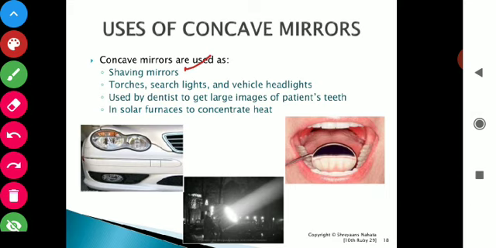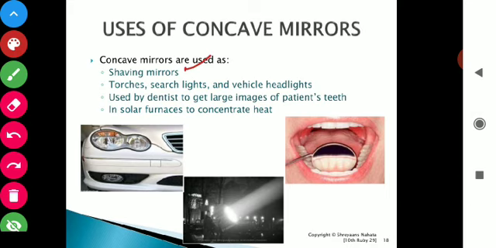In shaving, we need the image of our face to be enlarged, so that we can see every tiny hair on the face and cut it down. So the shaving mirror gives the enlarged image of the face, so that we can do the shaving minutely.